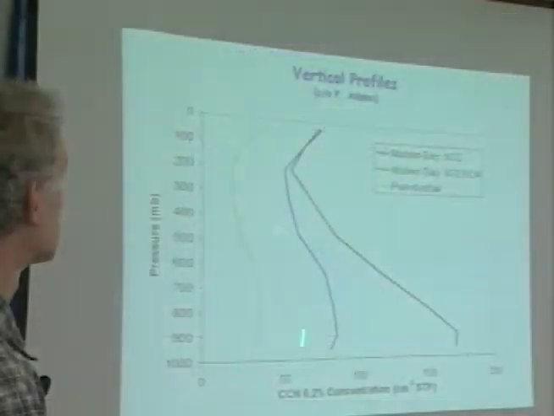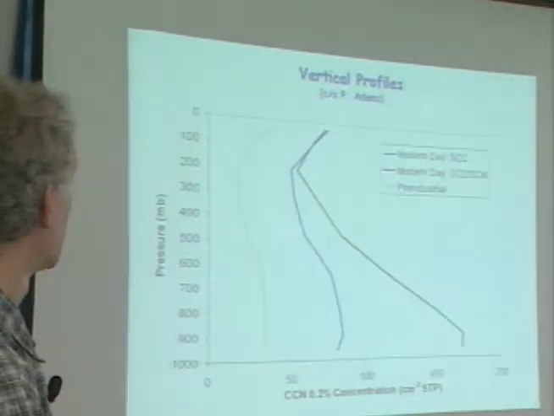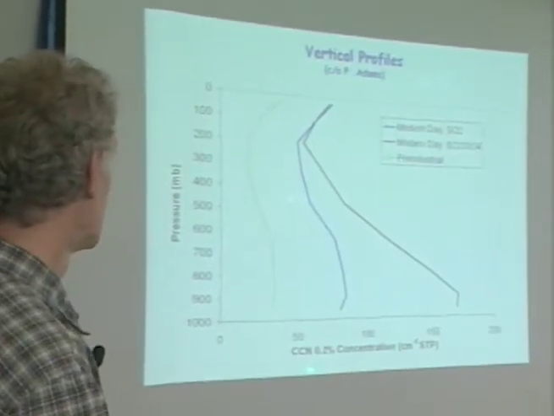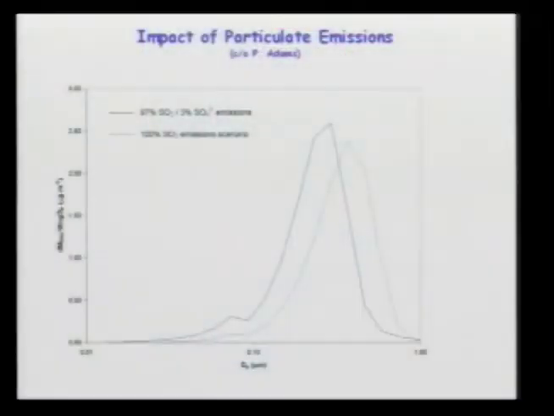And the blue line here is the vertical distribution if you inject some of it as particulate matter. So you can see there's about a factor of 2 difference in the vertical distributions there, and a very different size distribution itself near the surface, with a much larger mode for one of the emission scenarios.